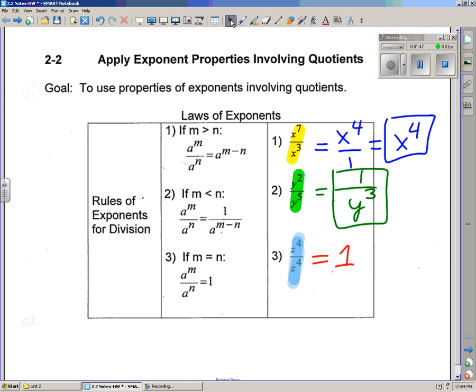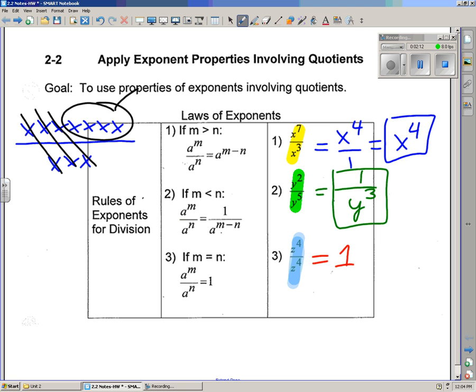A couple of shortcuts, not really shortcuts, but another way to sort of expand this is on that first example. I know that I have 7 x's on my top, and I've got 3 x's on the bottom. Again, you know that anything divided by itself is 1. So x divided by x is 1, this x divided by that x is 1, this x divided by that x is 1, and you're left with x to the 4th on the top.